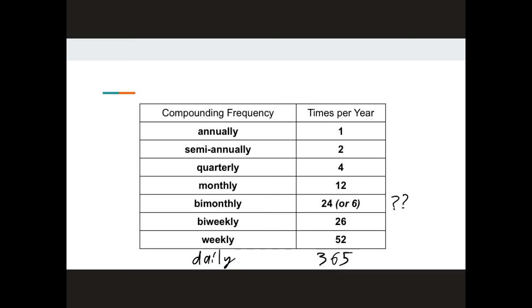So the more times something is compounded per year, the more interest which is earned or applied. So for example, it may not surprise you to hear that credit card companies apply interest on your credit card every day, because that is the value which applies the most amount of interest out of all of these choices.